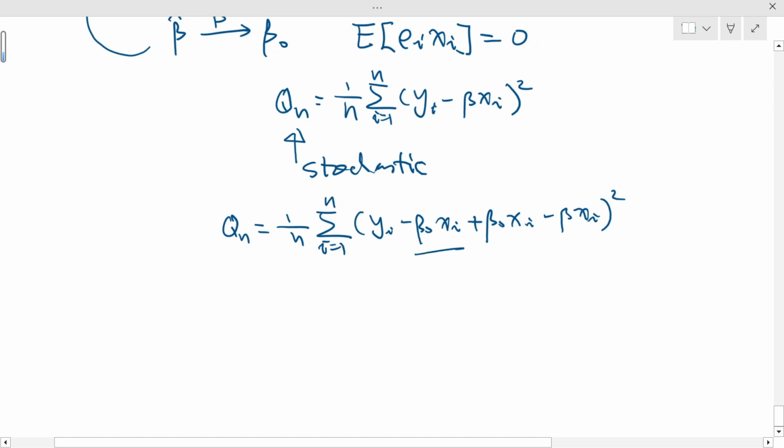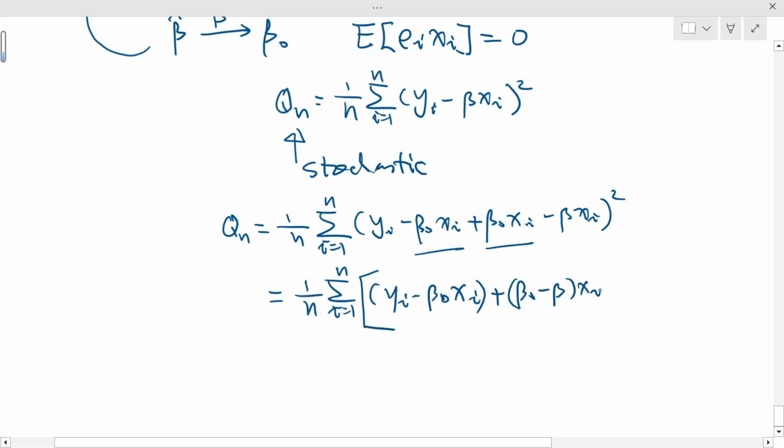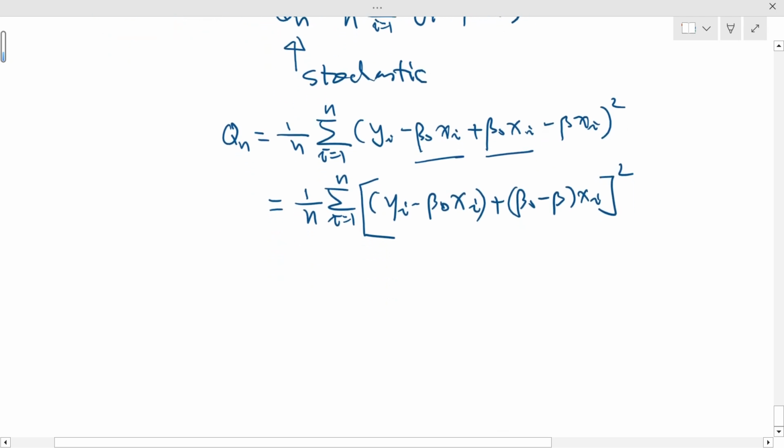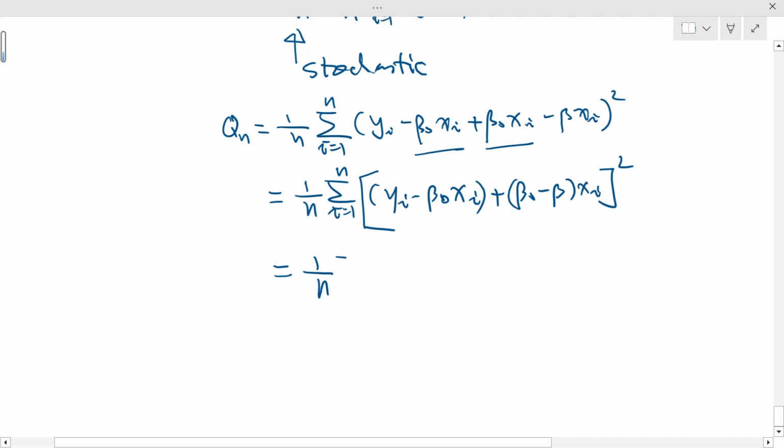I'm going to add beta 0 xi, where beta 0 is the true value of beta, and subtract the same term, so it doesn't change anything.